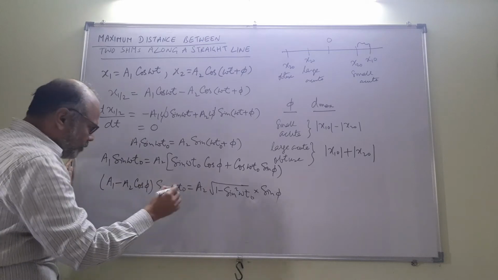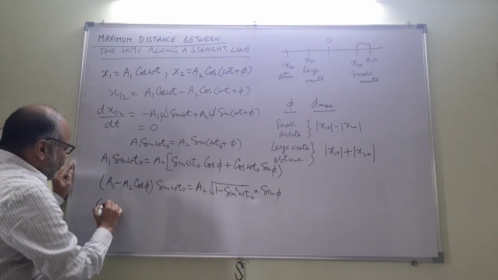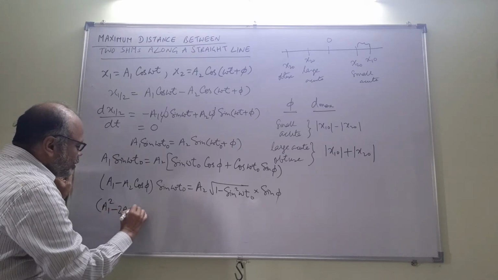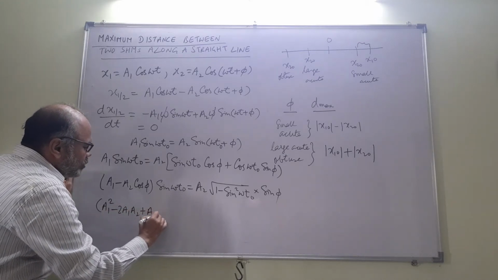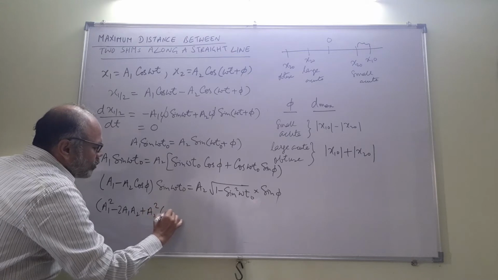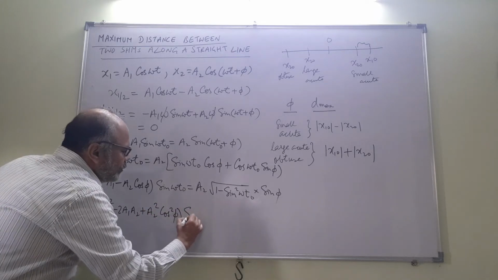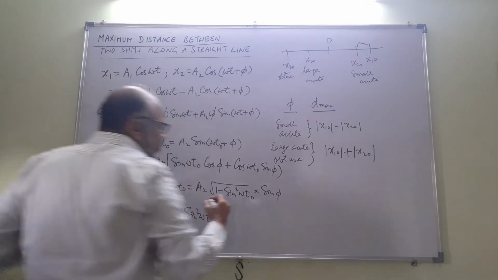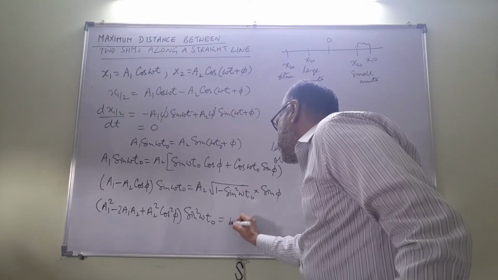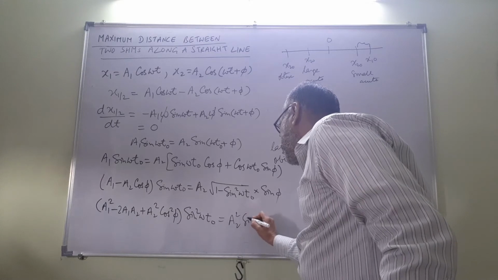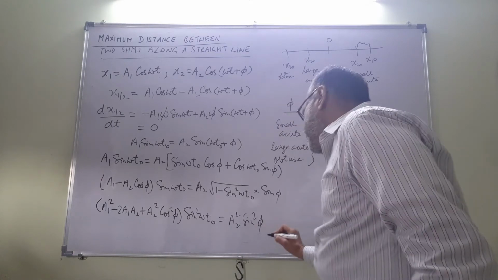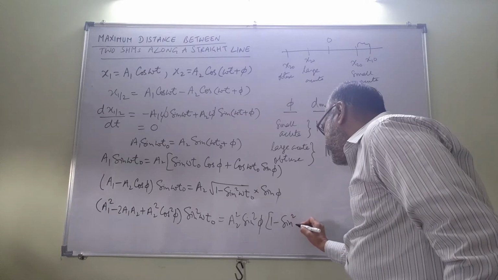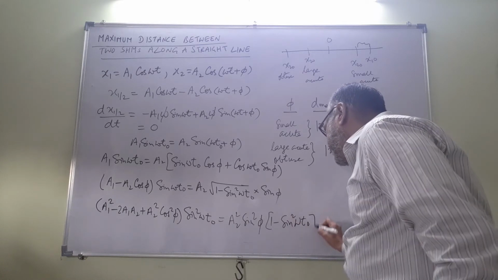So let's square both sides. You will have A1 squared minus 2 A1 A2 plus A2 squared cos squared phi into sine squared omega t naught is equal to A2 squared sine squared phi into 1 minus sine squared omega t naught.